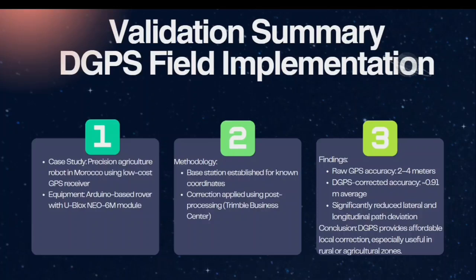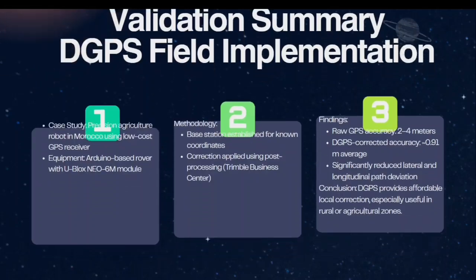As a finding, the raw GPS accuracy is around 2 to 4 meters, and using DGPS-corrected accuracy, it improves to 0.9 meter on average, significantly reducing the lateral and longitude path deviation. As a conclusion, DGPS provides affordable local correction and is especially useful in rural or agricultural zones.